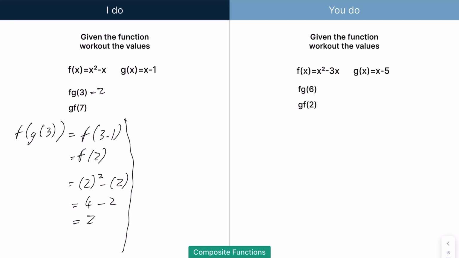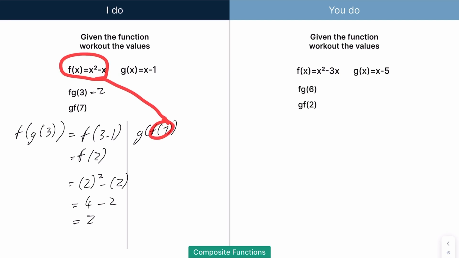If I draw my line again, we now have g of f with the 7. So if I deal with the inside first, I can just put it into there. So that becomes g with 7 squared minus 7. Now I should use the brackets as I say.